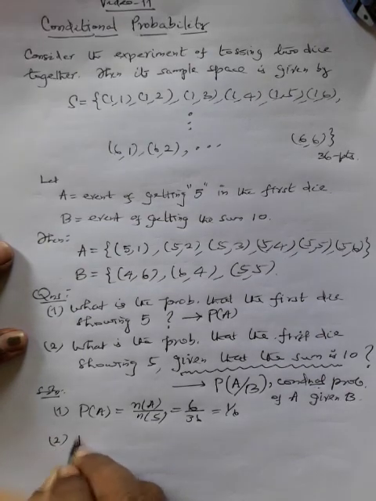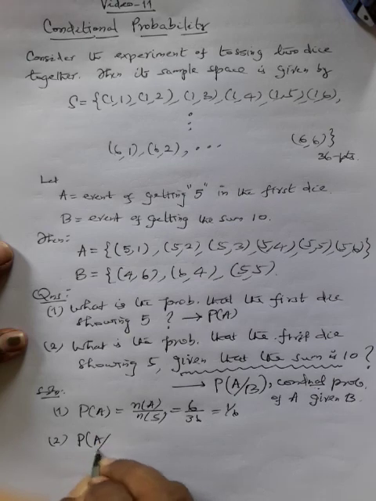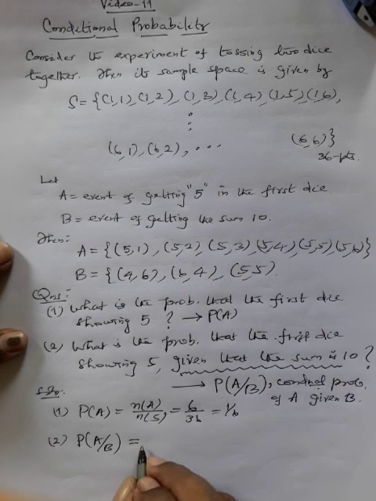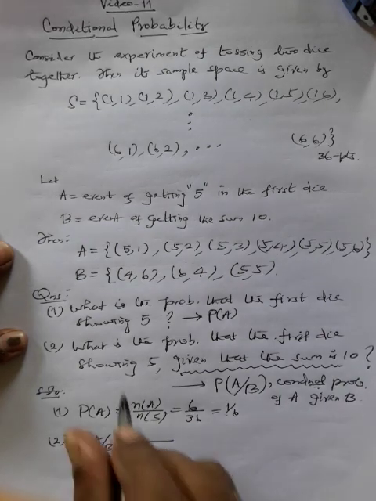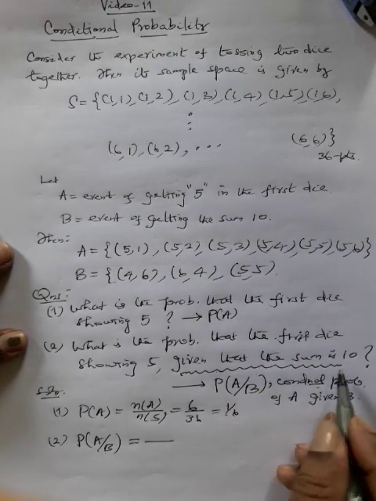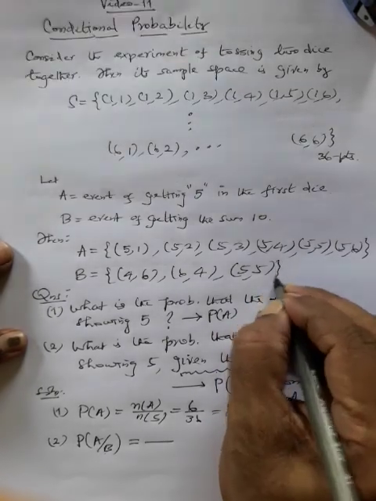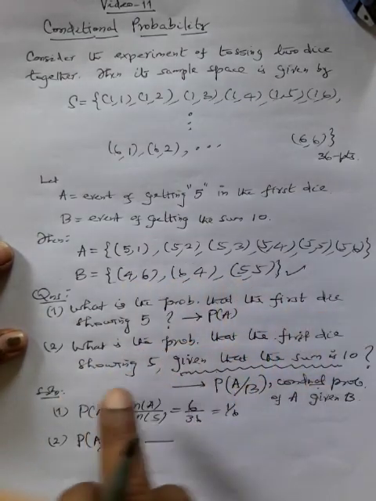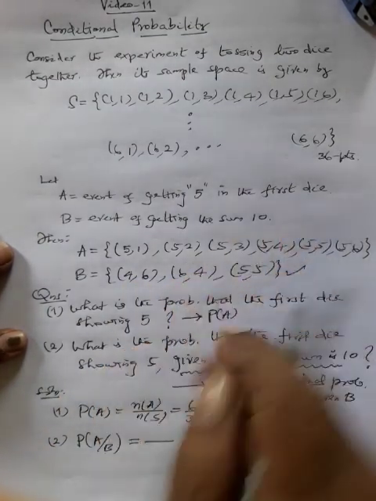The second one, the conditional probability P of A given B. Among these, B has already occurred. Given that the sum is 10, that is B has already occurred, one of these three has come. Now what is the probability that the first die is 5?